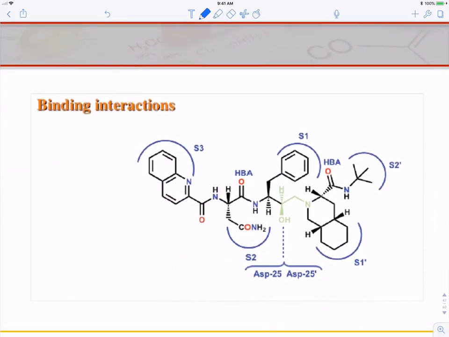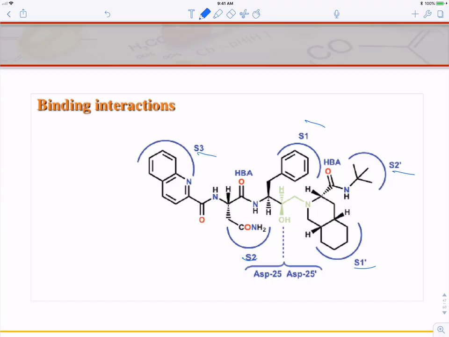So let's review the binding interactions in saquinavir. Those were found by crystallography with the enzyme, and we have 5 subsites on the enzyme occupied. And so those subsites going from S3, S2, S1, S1 prime, and S2 prime. Remember, the enzyme is a dimer, that's why we use the prime notation.